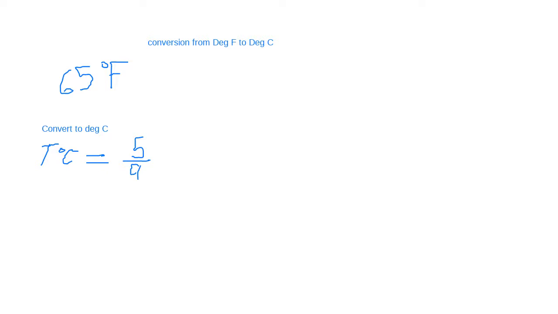Because in chemistry, I learned it as the Fahrenheit minus 32 over 1.8. Okay, so I go 5/9, 65 minus 32, and that equals. So I multiply 5/9 times 65 and subtract 32, or what do I do?